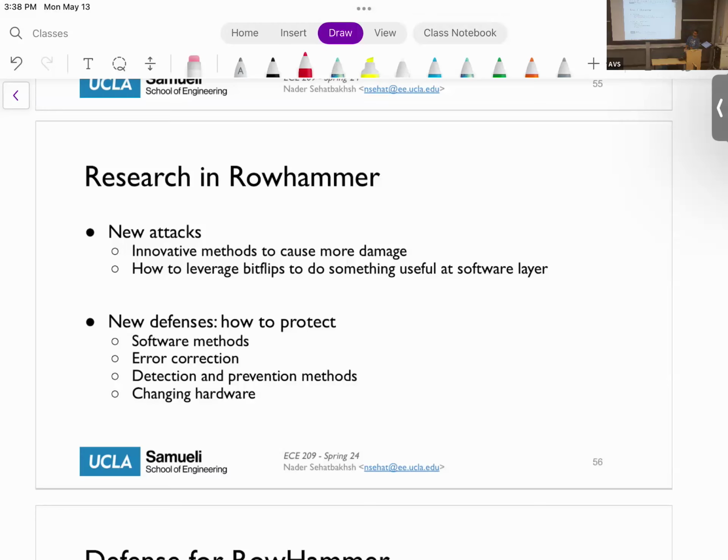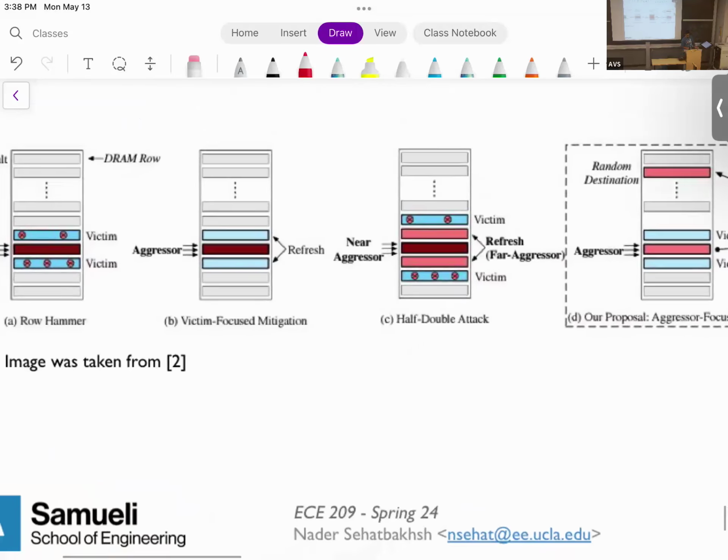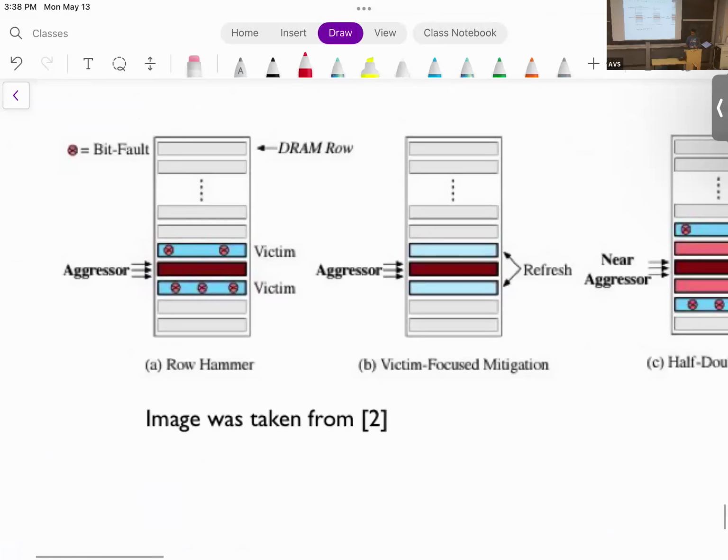Again, we're going to see a lot of interesting discussions, hopefully next week, when people present papers about Rowhammer. Here, I'm just showing one possibility. Let's say, for example, you have an aggressor row that attacks two victim rows. You can try to refresh these nearby rows, and that kind of fixes the problem.